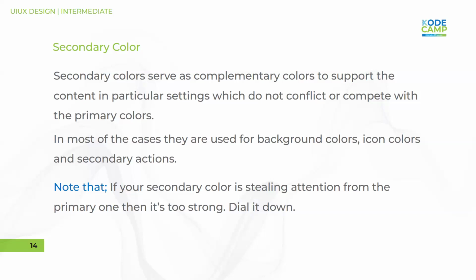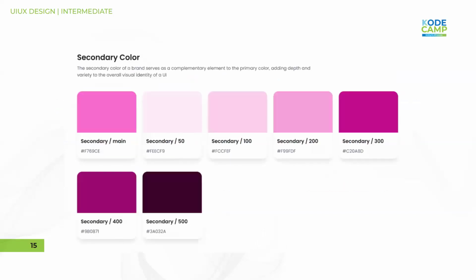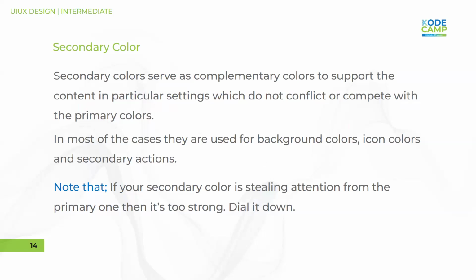So the reason we bring in a secondary color is to blend that particular interface so that it will not look boring. Note that your secondary color should not steal attention from your primary one. If you look at the secondary color I am using here, let's go back to this primary color.